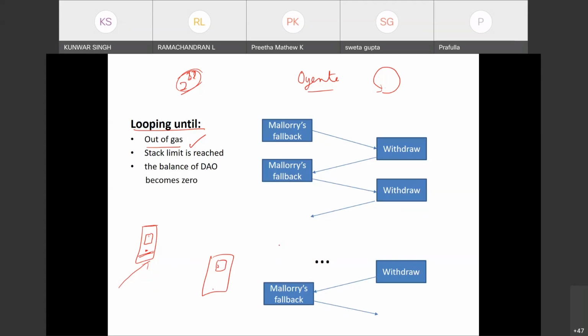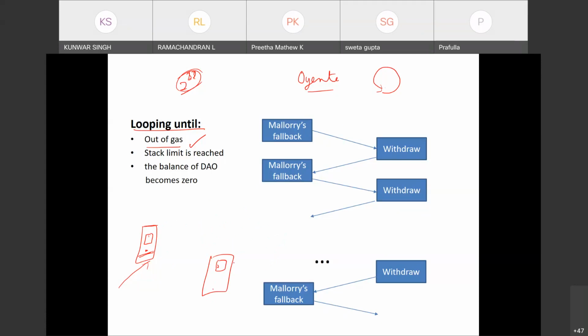If by chance my transaction is added before this transaction, what will happen? Some kind of attack is there. That is also another kind of attack. There are so many other types of attacks, and the tool will recognize this kind of thing.